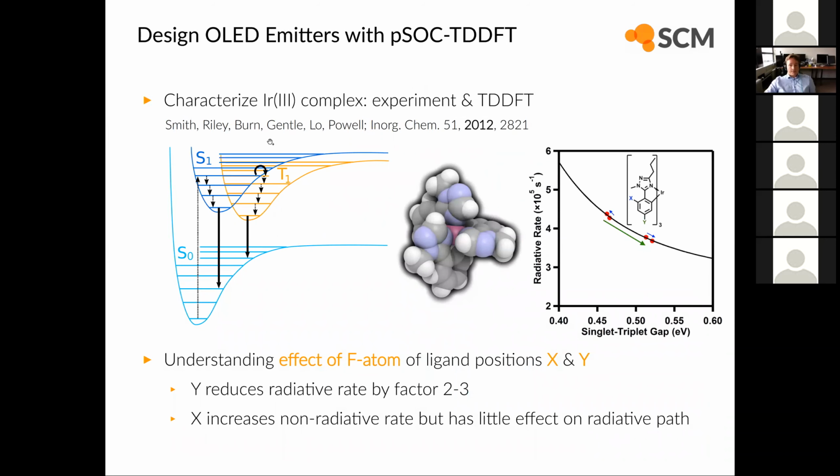This was then done in a somewhat earlier study where the researchers were looking at an iridium complex, and they were modifying its ligands, putting fluorine atoms either here as visible on the right side, either in para position or in ortho position. It turns out that the para position actually affects the radiative rate, so the rate of the radiative decay, emission of radiation, by quite a lot, while the corresponding ortho position doesn't matter really at all.